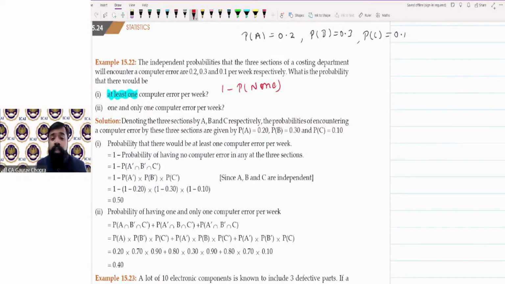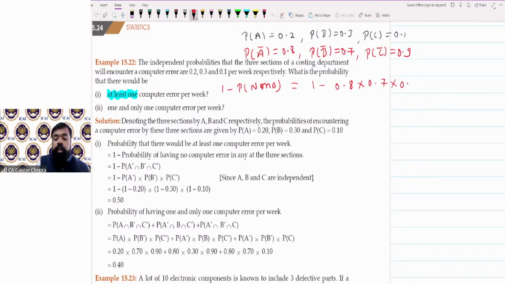At least one is equal to 1 minus probability of none. So you can write 1 minus. None means error nahi hone ke chances. So what will be A dash? It will be 0.8, B dash 0.7, and C dash it will be 0.9. So 1 minus 0.8 into 0.7 into 0.9.